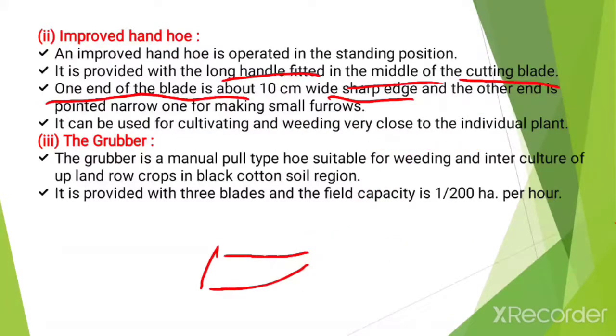Now the next implement, that is the grubber. The grubber is a manual pull type of hoe suitable for weeding and intercultural operations of upland row crops in the black cotton soil region, and it is provided with 3 blades. The field capacity is about 1 by 200 hectare per hour.